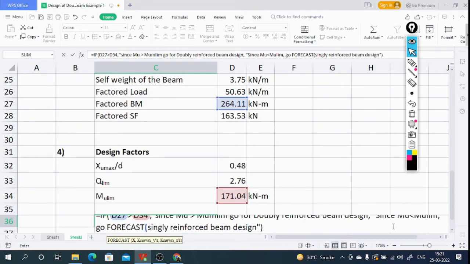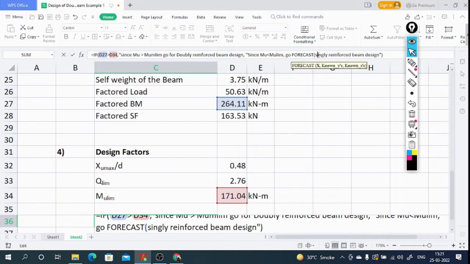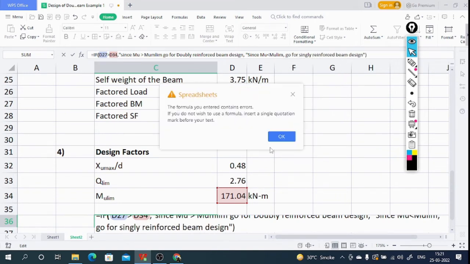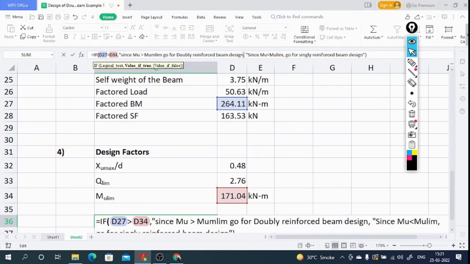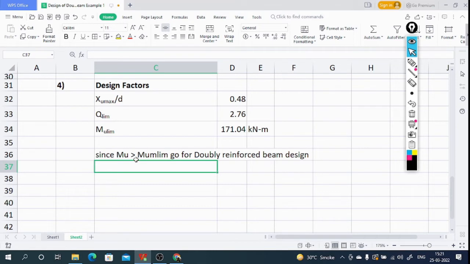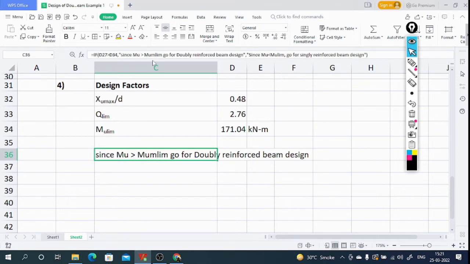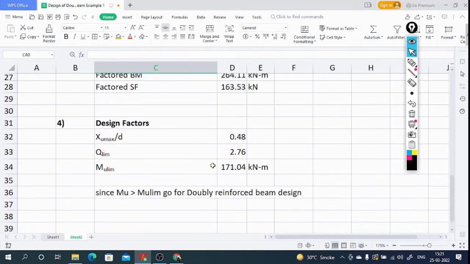Okay, go for singly reinforced beam design. Okay, so directly we have this statement MU is greater than MU lim. We can just edit here MU lim. Okay, MU is greater than MU lim, then we have to go for doubly reinforced beam design.